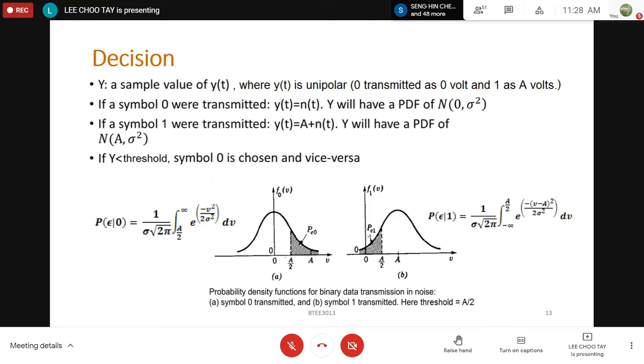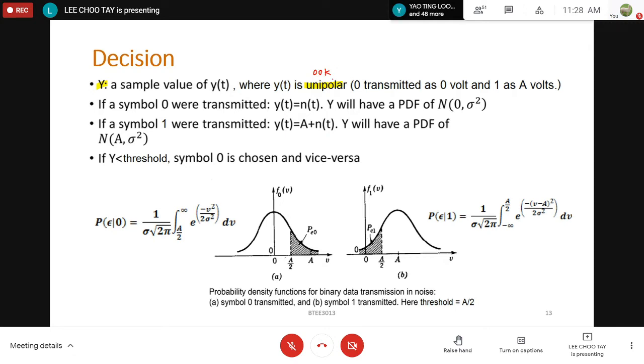At the decision process, let's say y is a sample value of y(t) at time t. Again, in this case, we are going to take y(t) as a unipolar signal. Unipolar means 0 is transmitted as 0 volt and 1 is transmitted as A volt. Another term for this unipolar that you might be more familiar with is OOK, on-off keying.